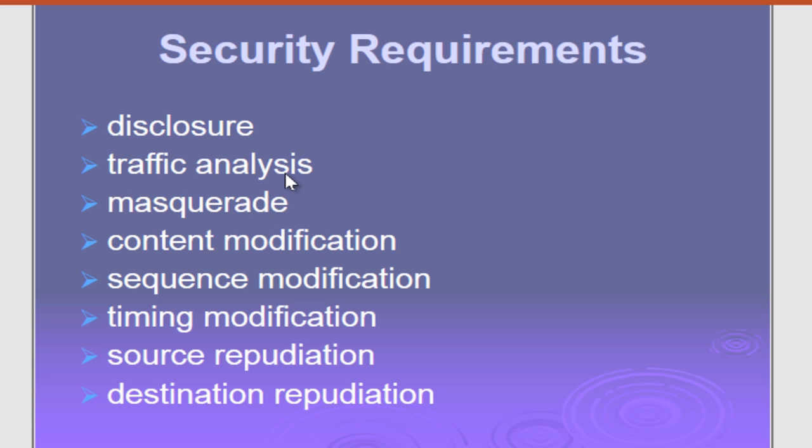Attackers not only try to see the contents of the messages, they also try to observe how the messages are flowing in a network, how the data packets are transferred from which user to which user. By gaining that information, it is an advantage to the attacker for gaining knowledge.